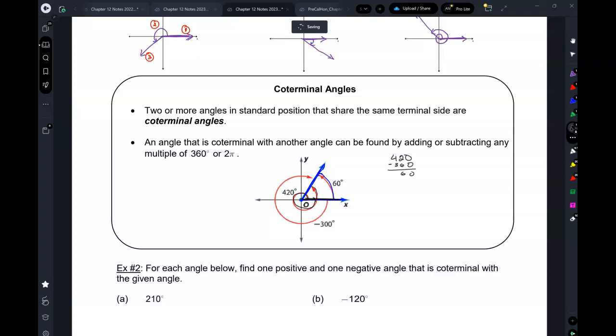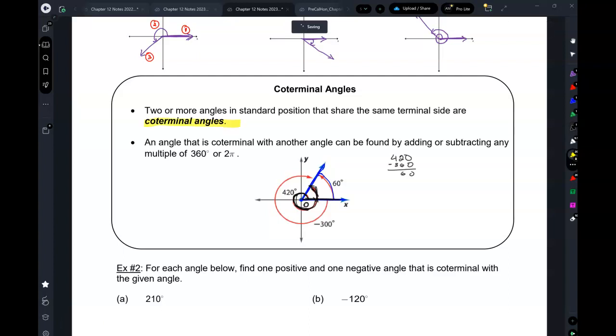Another 60. So look at where I ended up. I ended up at the same place. Now, they're very different angles. One is 60, one is 420, but they start and end at the same place. So those two are called coterminal angles.